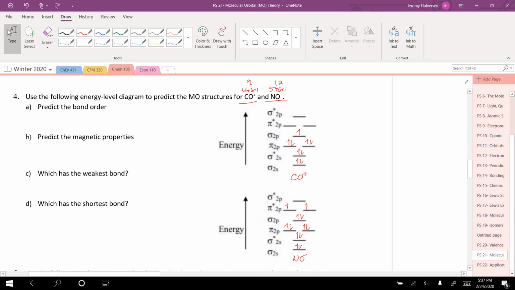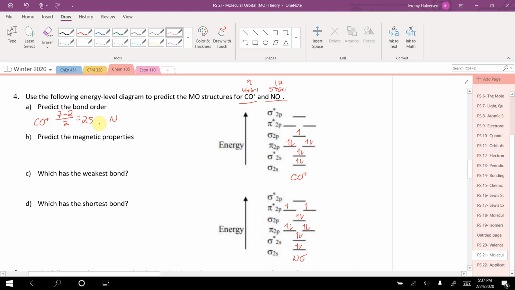So then predict the bond order for these. For CO+, we're going to have bonding 1, 2, 3, 4, 5, 6, 7, minus 2, divided by 2, gives me 2.5.